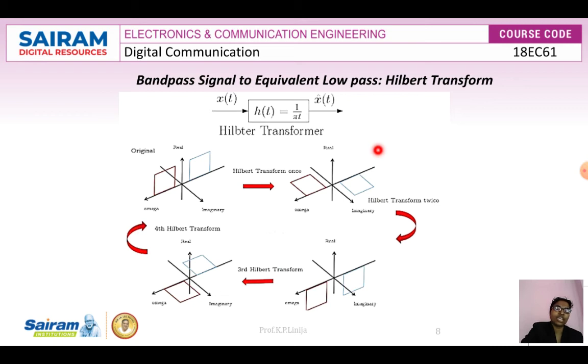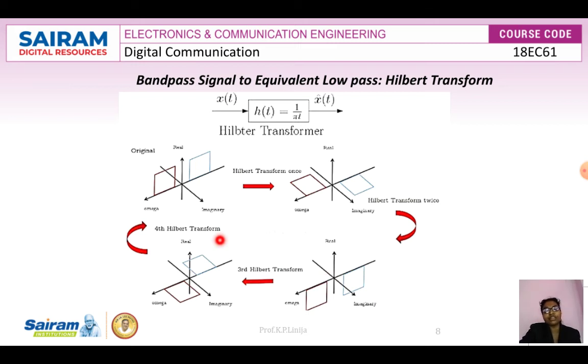Now the 90 degree shifted signal is given once again to the Hilbert transformer. That is also shifted here. You can observe it in the diagram. Now this shifted signal is applied a third time to the Hilbert transformer, so that we get this output.